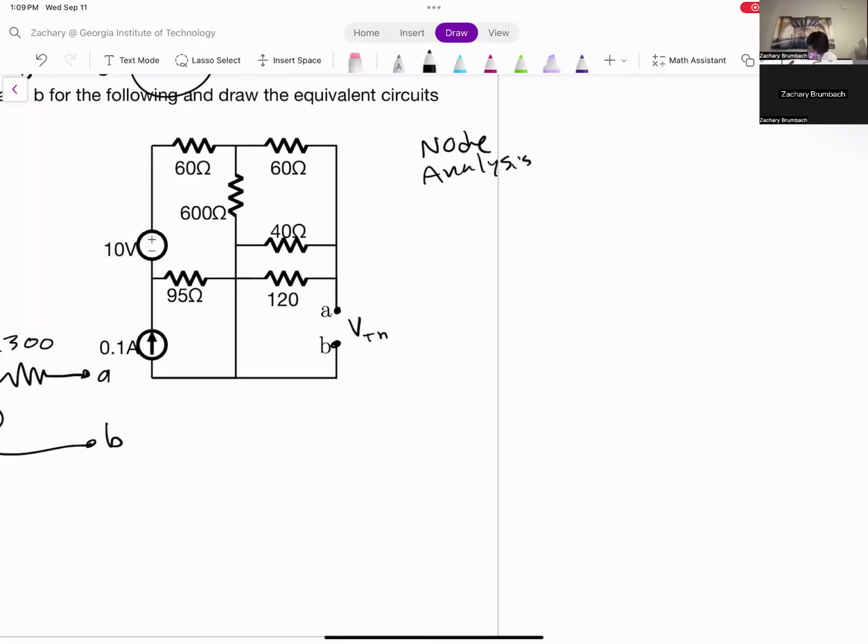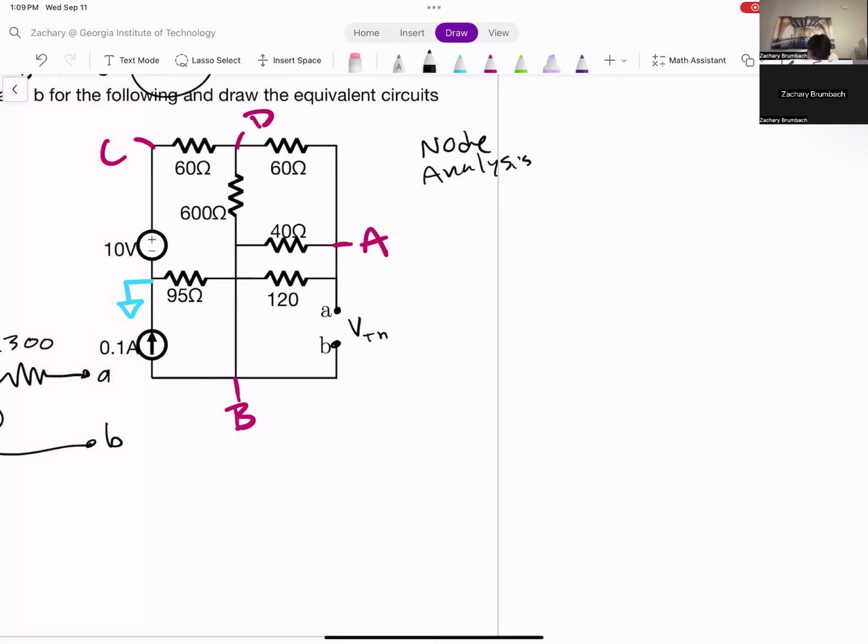All right? So I'm going to set my ground node here. I'm going to call this one over here node A, node B, call this one over here node C, and this node here node D, okay?